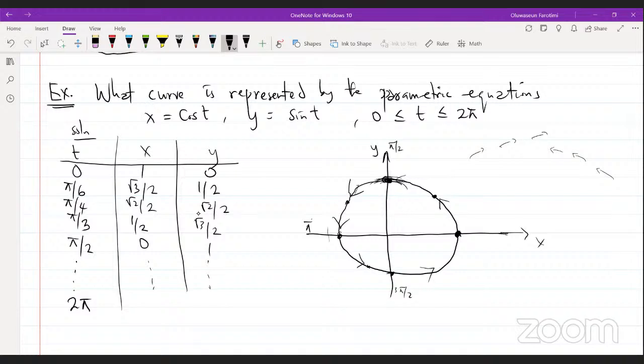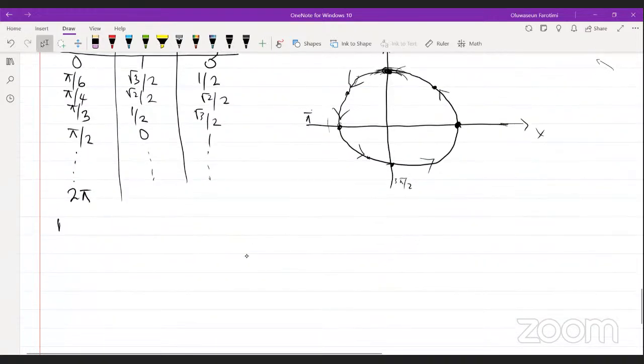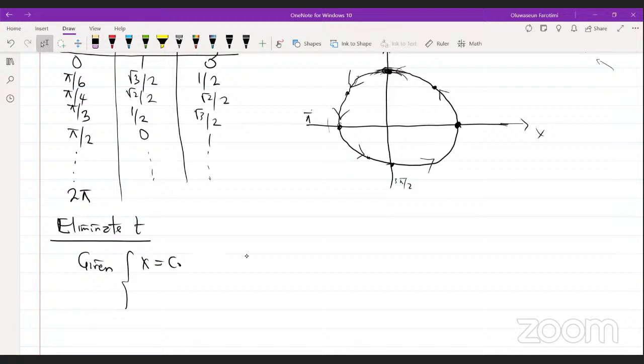Now, one more thing, guys, we need a curve. So how do we get a curve? Again, we have to eliminate t. What were we given, guys? x equals cosine of t and y equals sine of t. Now, whenever it's a trigonometric function, you want to try to think in terms of trigonometric identities.